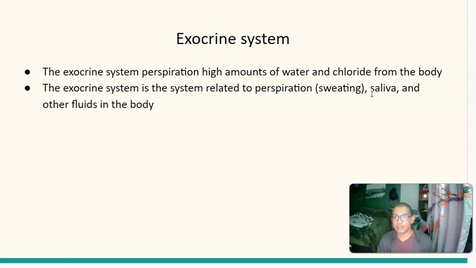The first one is the exocrine system. This is the system that regulates things such as perspiration, mucus, saliva, fluids that work within your body or are released from the body. The exocrine system works mainly to help pump out these things. A good example of this is perspiration, sweat.